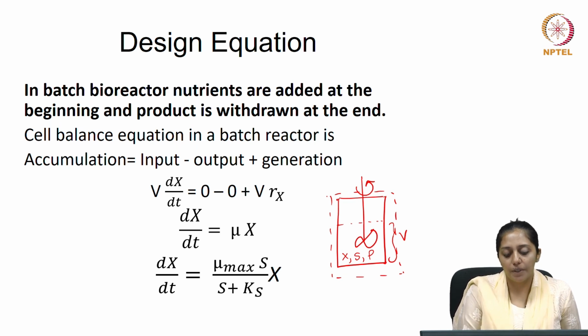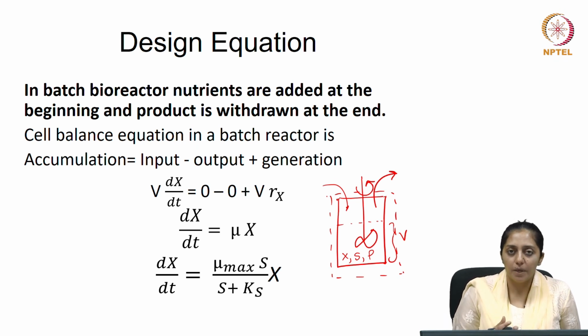the rate of accumulation inside the reactor will be equal to input, output, any generation if it is happening, or consumption.